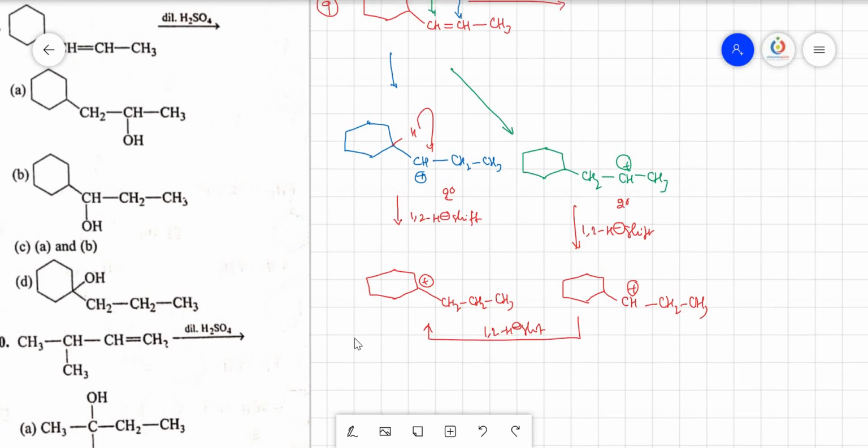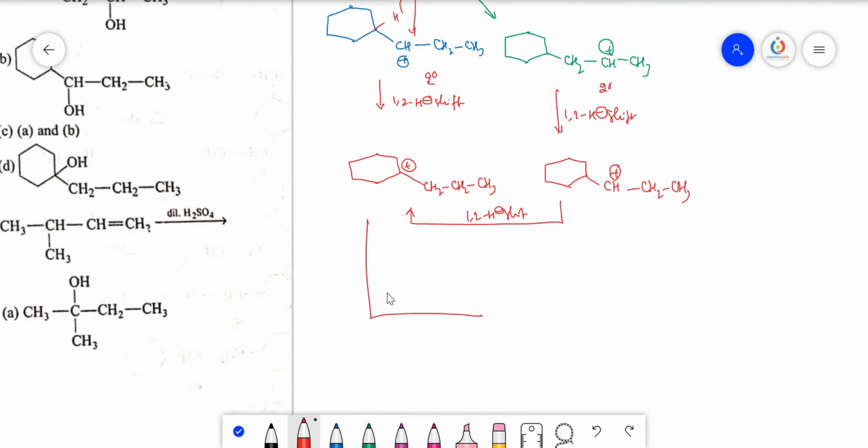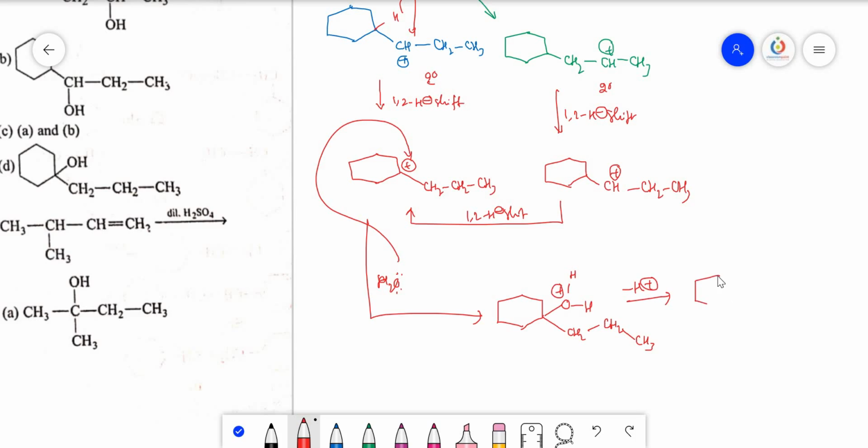Since we said dilute H2SO4, this molecule has to be subjected to the water molecule now. Water has a pair of electrons, so it attacks this particular positive charged carbon, giving CH2, CH2, CH3. Here the hydronium ion part and loss of H plus ion.